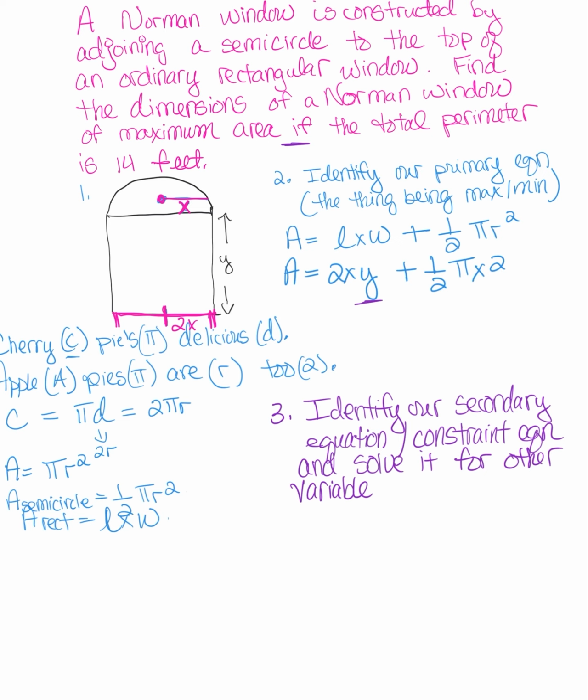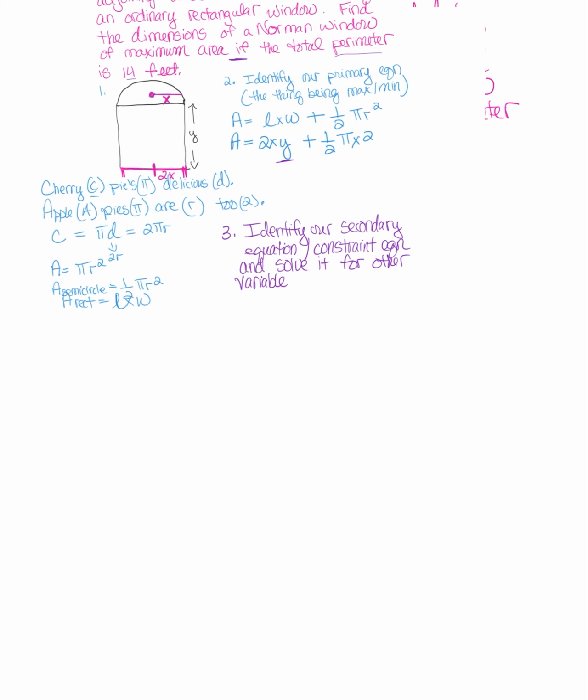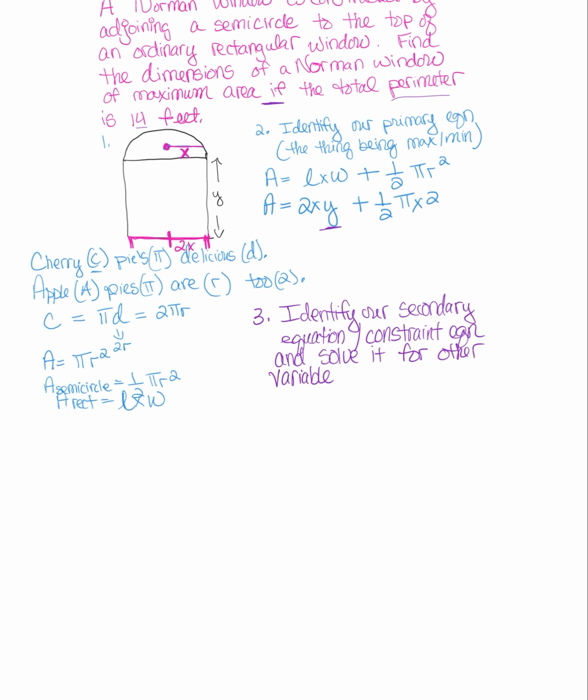Okay, so if the total perimeter is 14 feet, we know that we're looking for the perimeter. So perimeter here is going to be equal to 14 feet, but that's not our equation. That's just what our equation equals. We know that the perimeter is just the sum of the distance around, right?